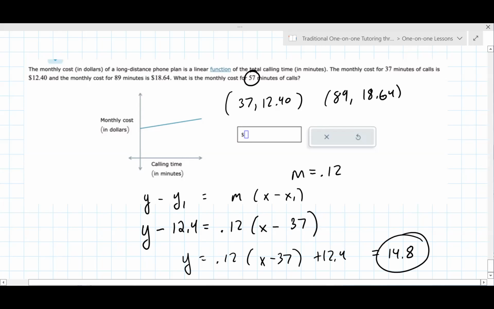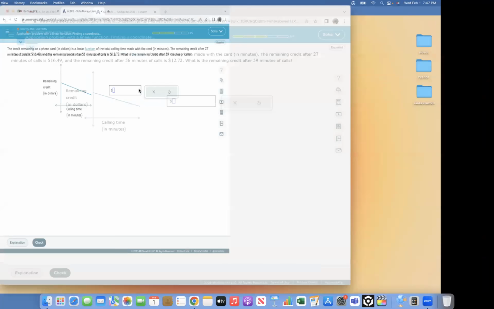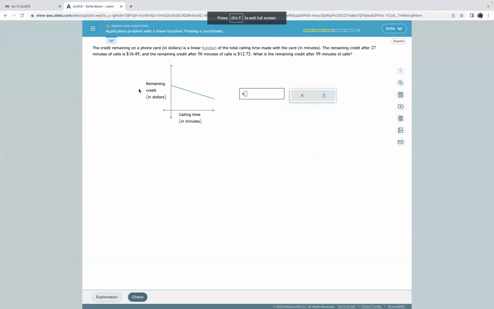We probably have time to do one more if you want to. Yeah, share your screen. I'll just share it one more time and then I'll start working on it. Okay, so this is a decrease. There are minutes, 27, $16.39.